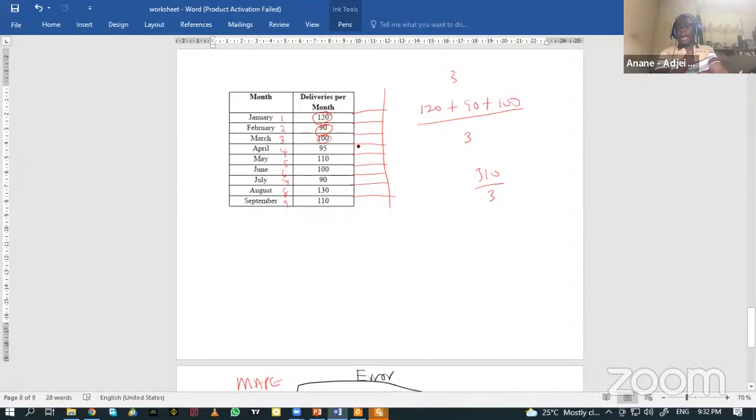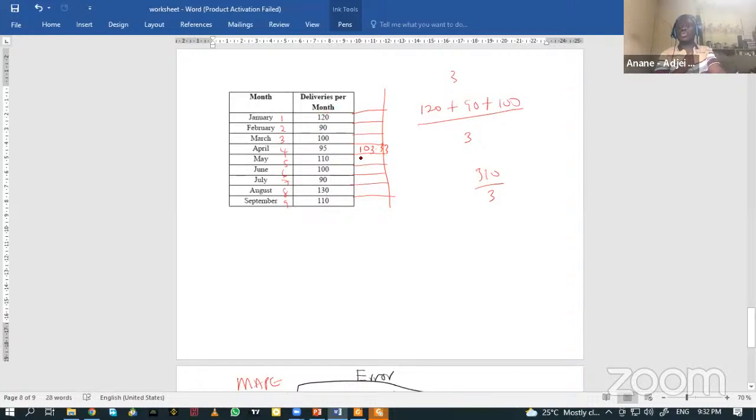So the month 4 will give us 103.33, and it says through to month 9.